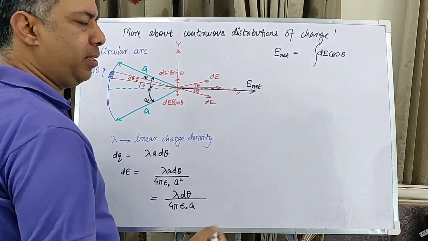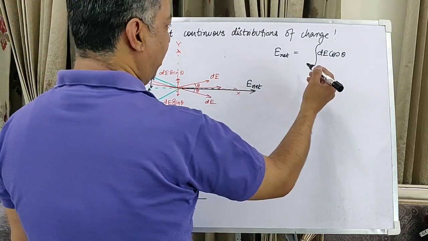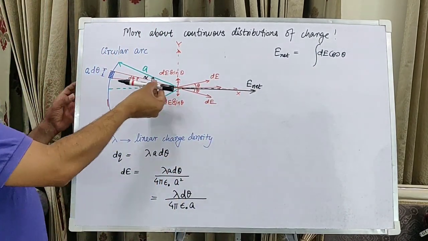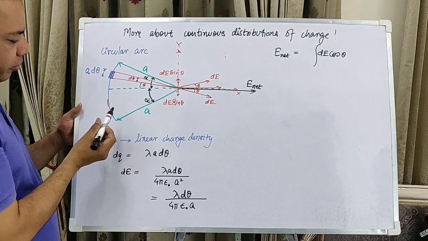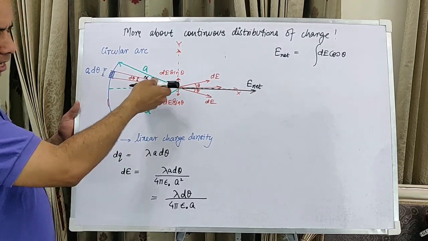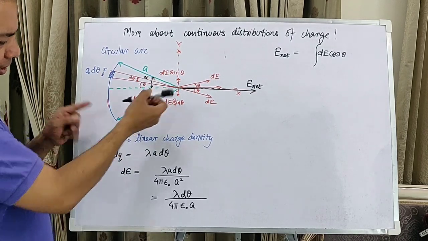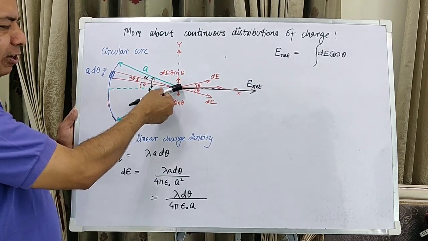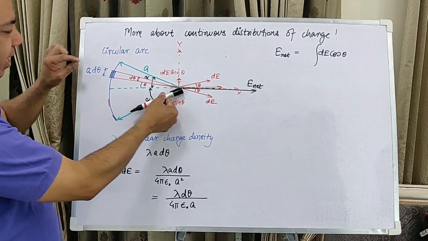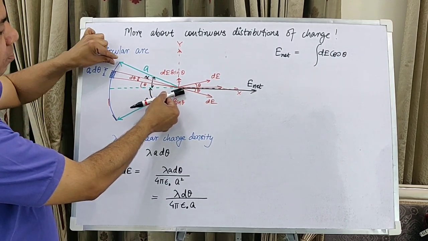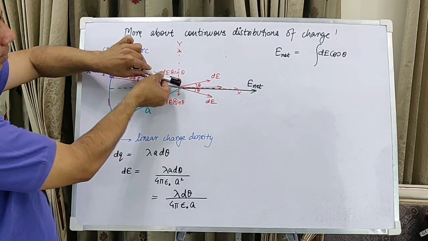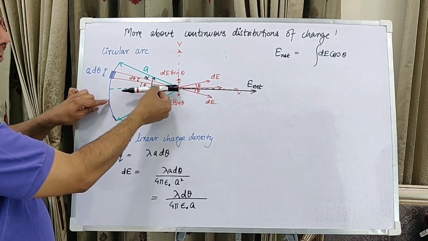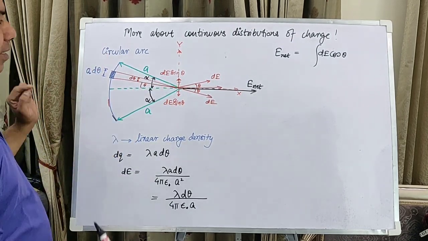The summation of the x components is done by integration, and the limits of this integration are easily arrived at. For the lowest element, the angle theta will be minus alpha, and for the element right at the top, the angle theta will be plus alpha. So for the lowermost element it's minus alpha, for the uppermost element it's plus alpha.